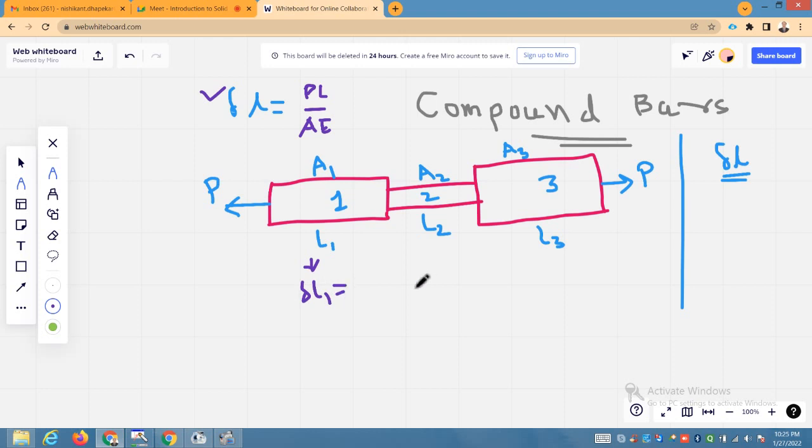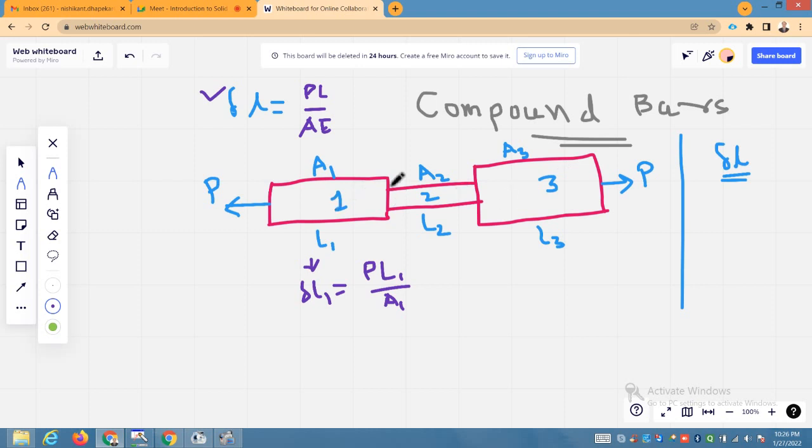It will be P, this axial pull is same for all these sections, P into L1 upon A1 into E. If this compound bar is made up of same material with varying diameters, right?